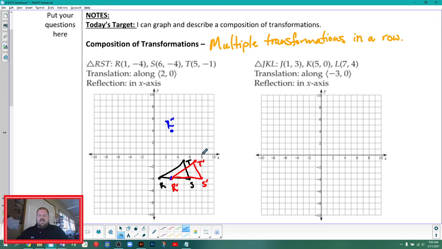S prime is 4 units away, move 4 units away perpendicularly, we get S double prime. T prime is 1 unit away, move 1 more unit away, and get T double prime. And that is a very small, but it works, glide reflection.